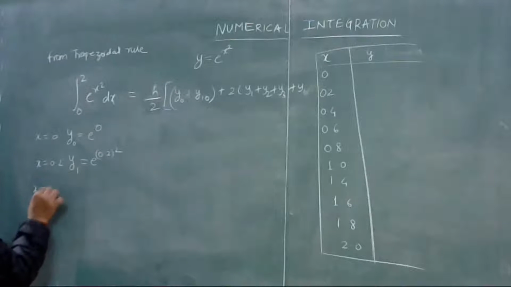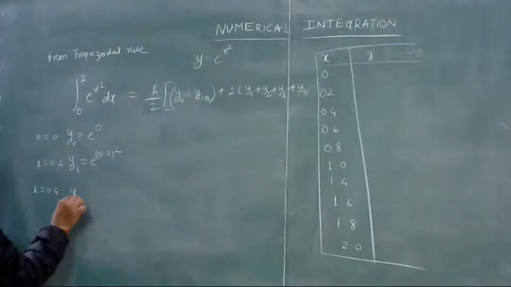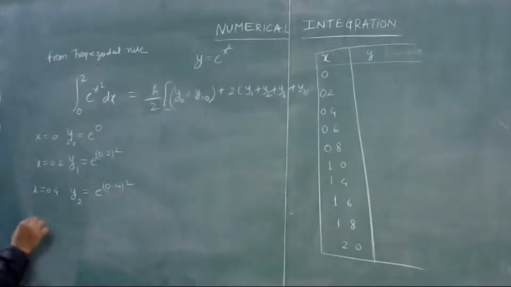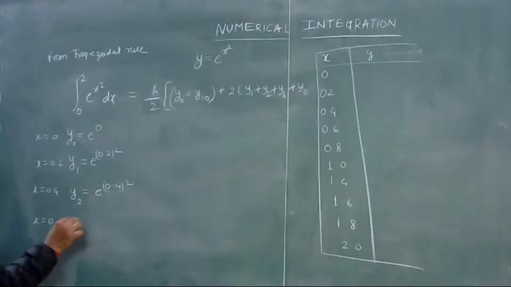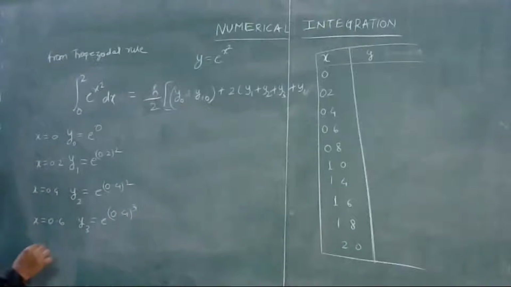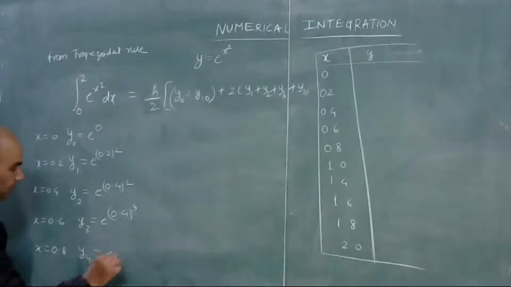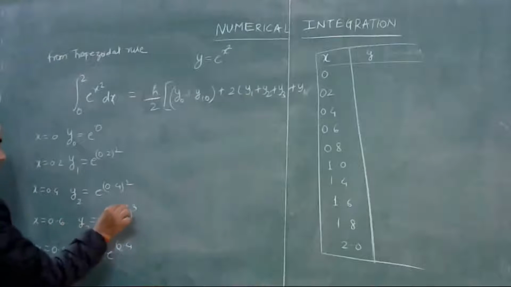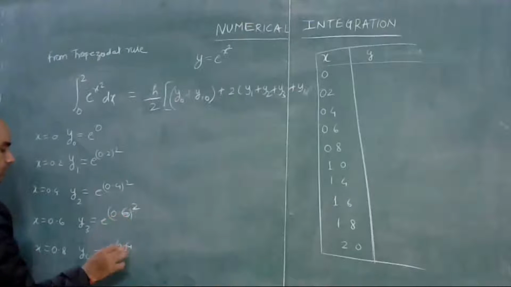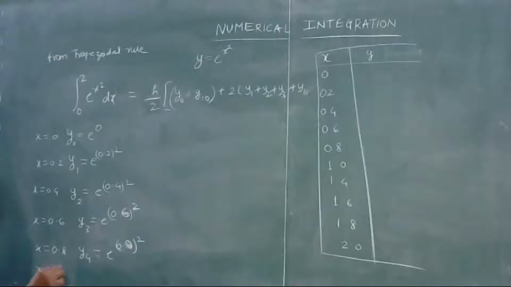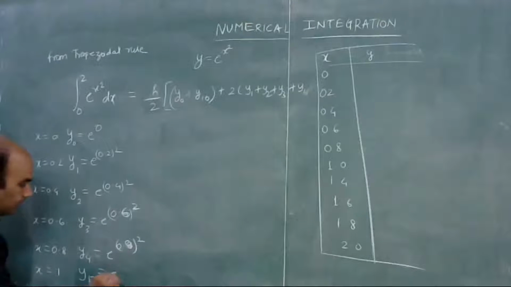Then x is equal to 0.4, y2 is e to the power 0.4 square. Then x is equal to 0.6, y3 is e to the power 0.6 square. When x is equal to 0.8, y4 is e to the power 0.8 square. Then x is equal to 1, y5 is e to the power 1 square.